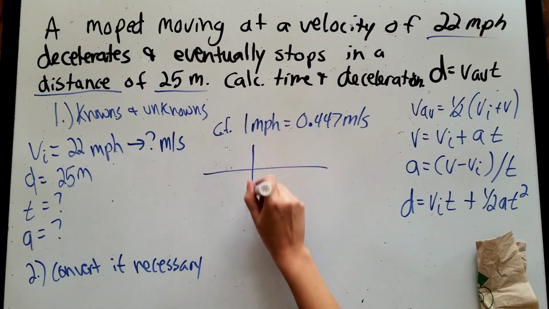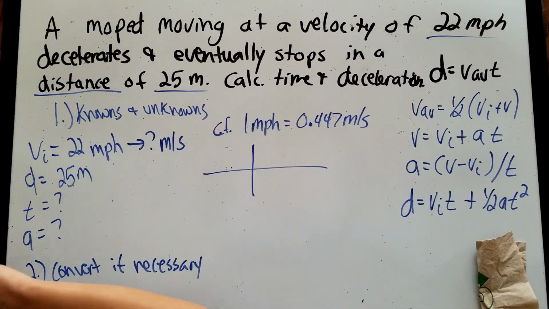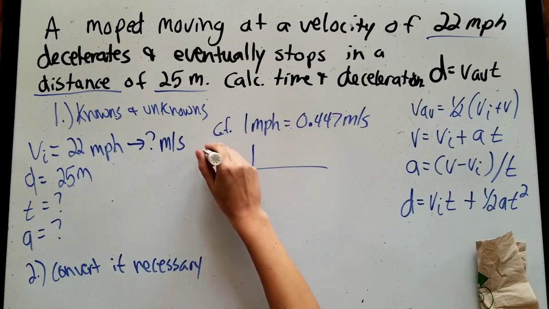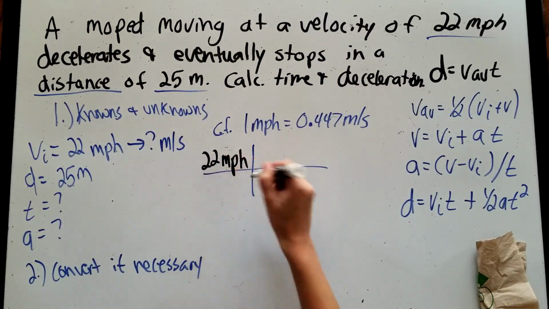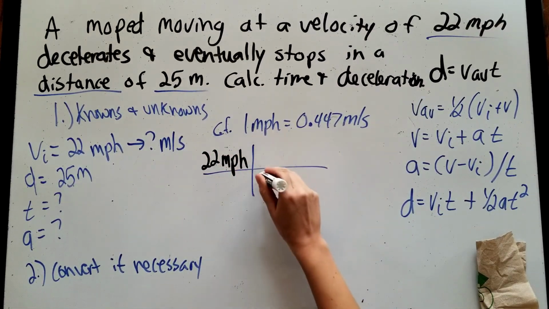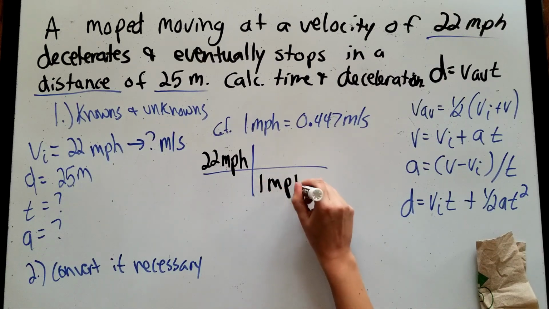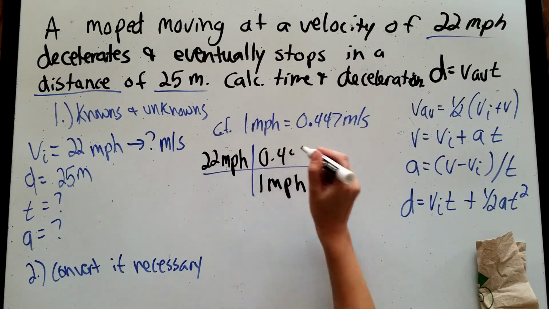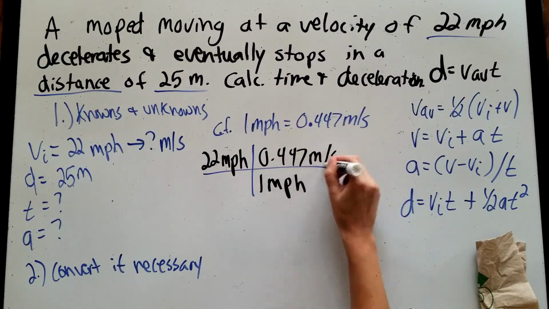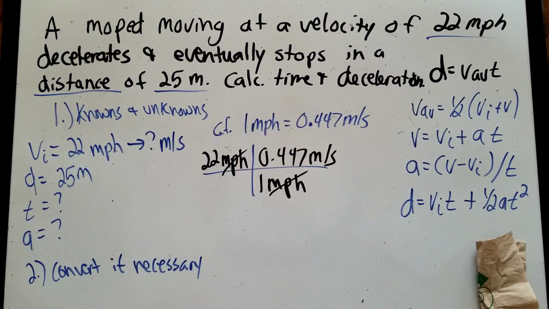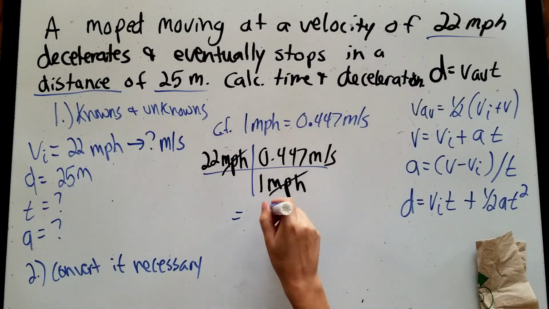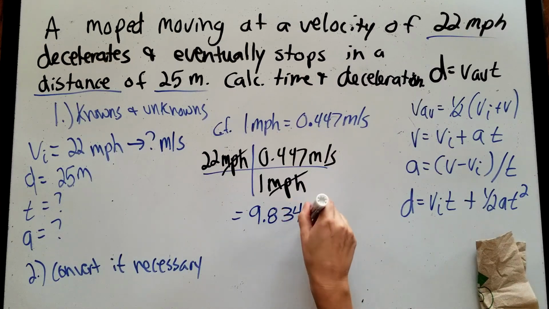So I'm going to go ahead and set up my railroad tracks. I'm going to start with 22 miles per hour, the number I'm trying to convert. Put the 1 mile per hour in the denominator, the 0.447 meters per second in the numerator. That way, miles per hour cancel, and I get my answer in meters per second, which is 9.834.